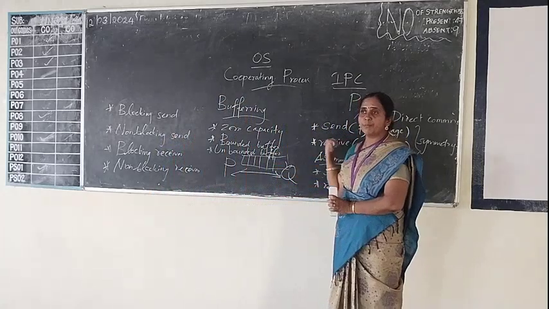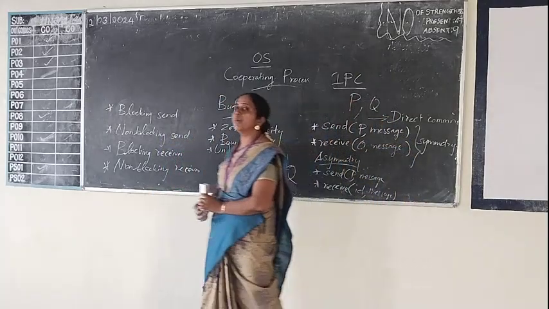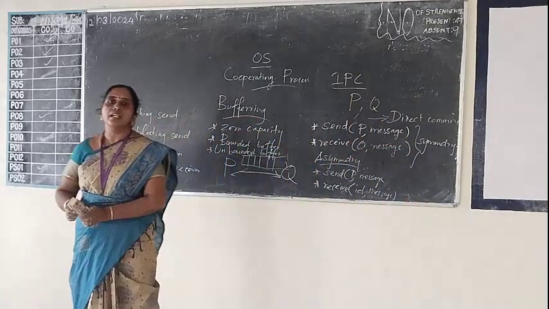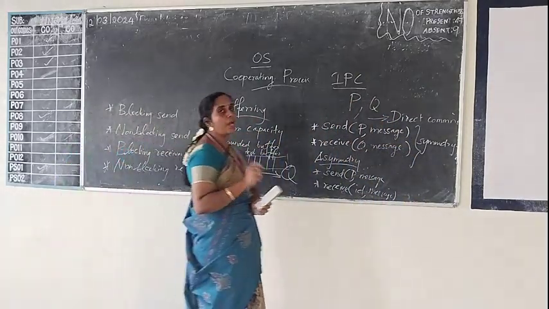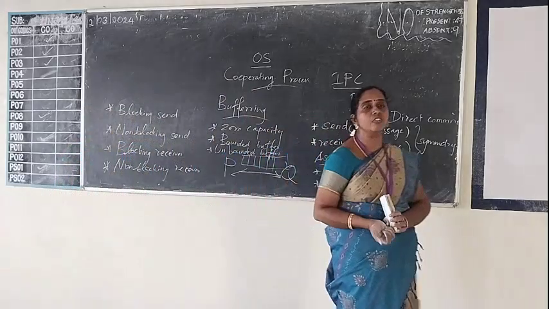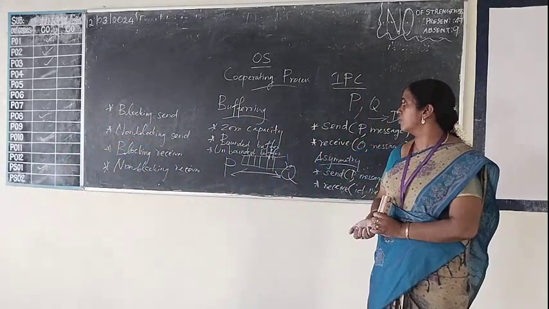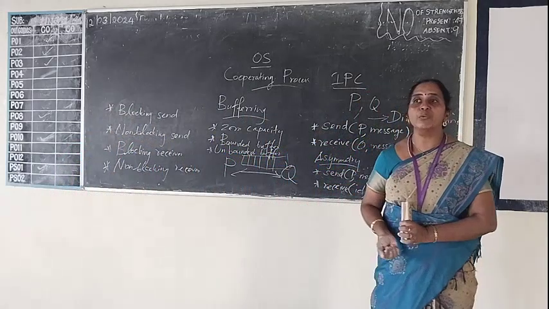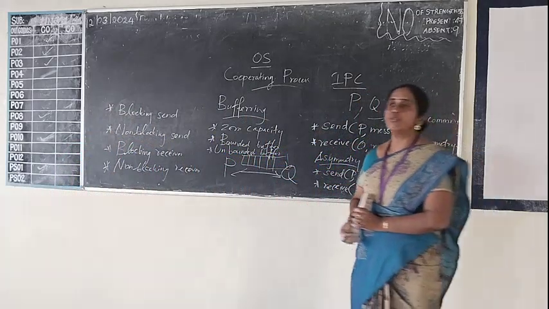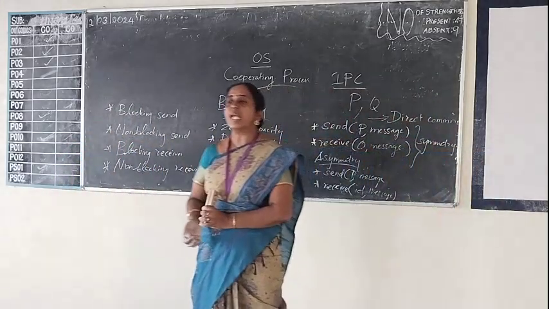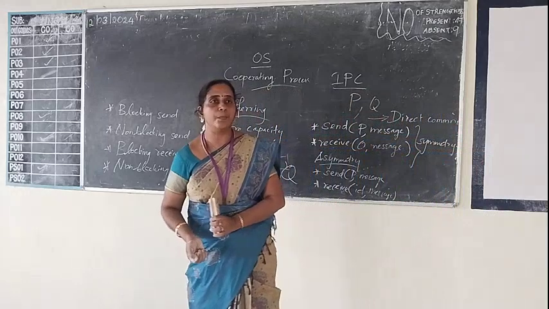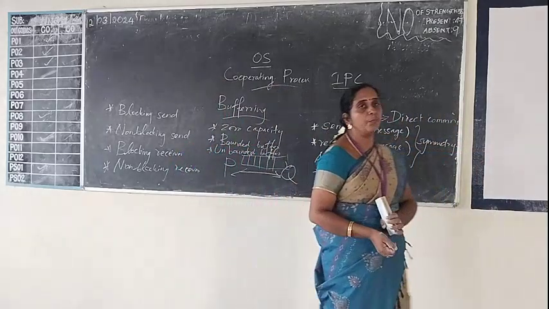So in inter-process communication, it is possible to communicate between two processes even if the two processes do not share the same address space. And this communication is performed by using two primitives, send and receive. And there are two types of communication between the two classes, direct and indirect communication.